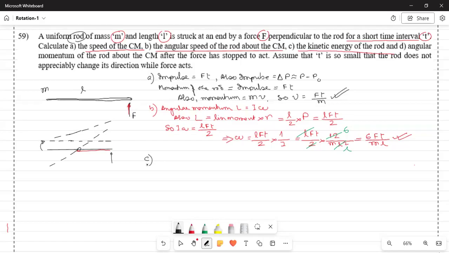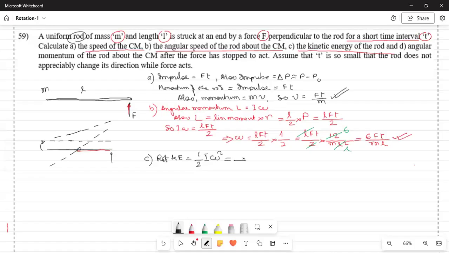Now, what is the rotational kinetic energy? Rotational kinetic energy is half I omega square, half moment of inertia I omega square.